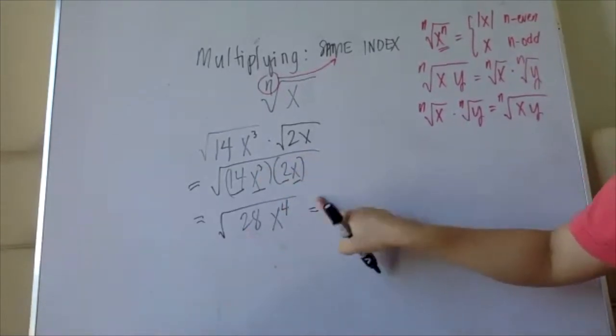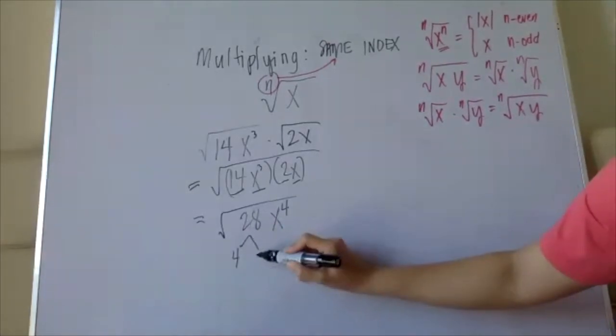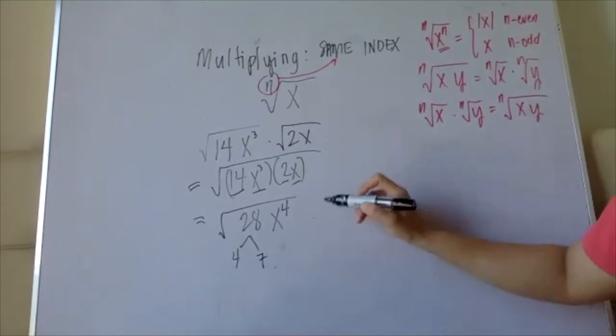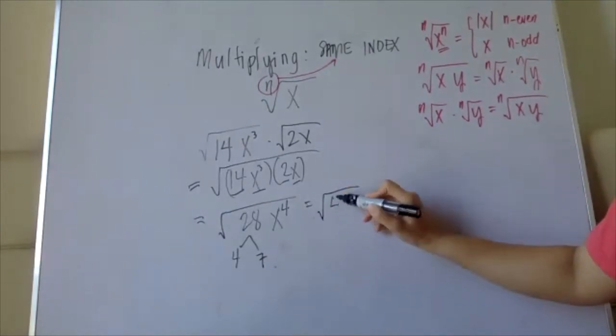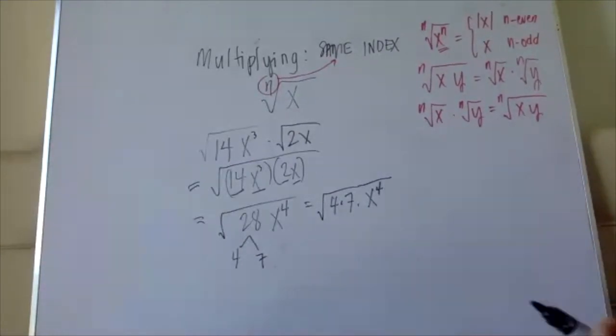Okay, so what are the factors of 28 that are perfect squares? That would be 4 and 7. Okay? So here we have 4 times 7 times x raised to 4.